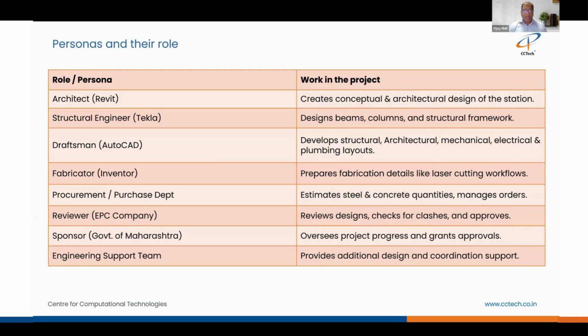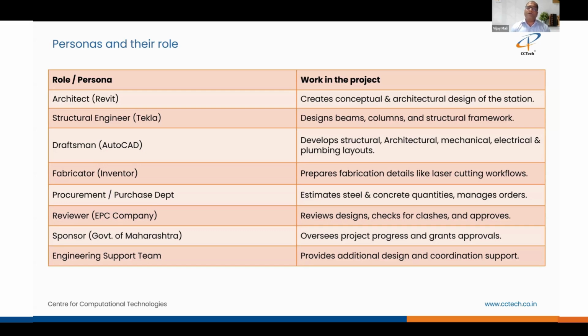In this case, the architect is on Revit, and his role is to create the conceptual and architectural design of the metro station. The structural engineer is using Tekla. His responsibility is the structural design of beams, columns, frameworks, etc. The draftsman is on AutoCAD, and he is responsible for developing structural, architectural, or MEP kind of layouts.